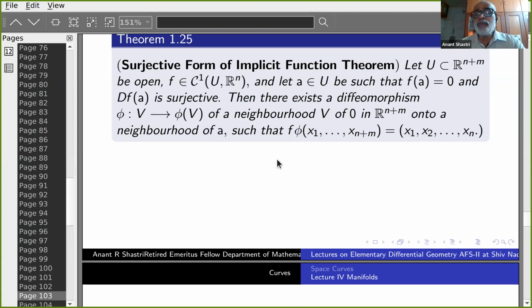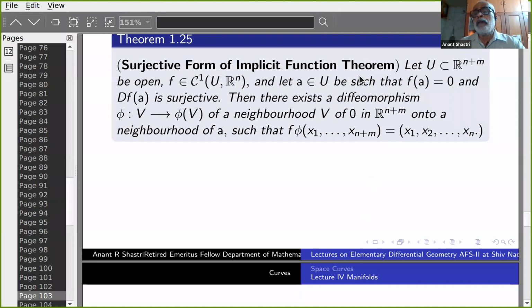So this is precisely what we did for one variable calculus, the other way around, by the way. I will come to that one later on. Okay, so this is an easy way of getting the implicit function theorem.